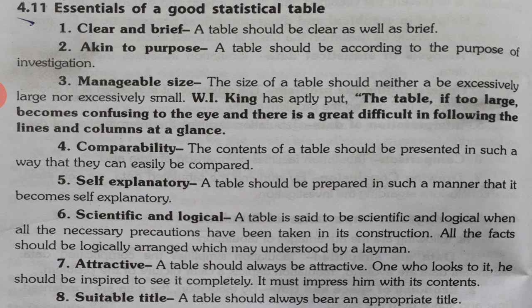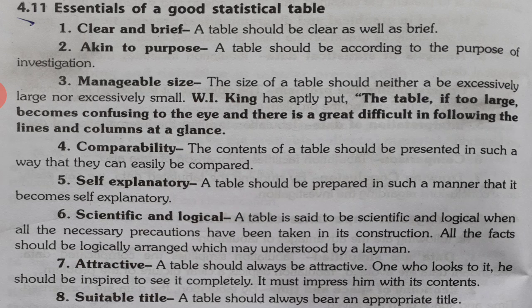It must be scientific and logical. This is the most prominent essential of a good statistical table, I believe. If it is not logical and not made using the principles of statistics, it is not good. All scientific methods should be adopted while constructing a good statistical table.